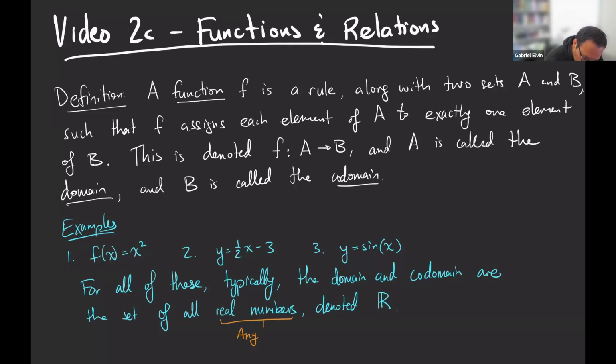Well, I should say, anything that can be expressed as an infinite decimal. So for example, 1 is a real number. It's not an infinite decimal, but it's 1.0000 repeating.